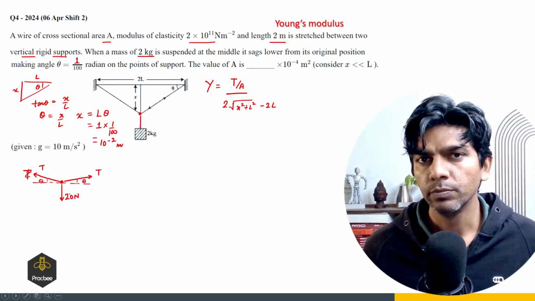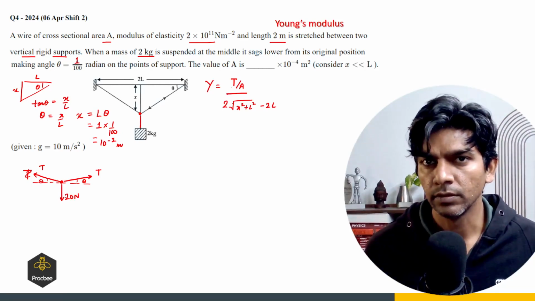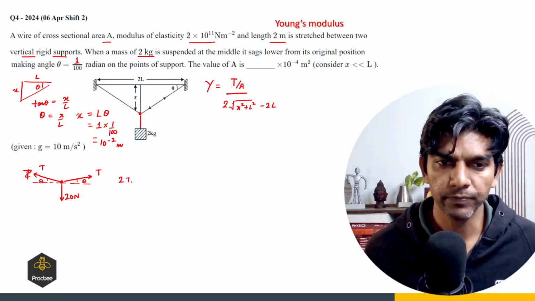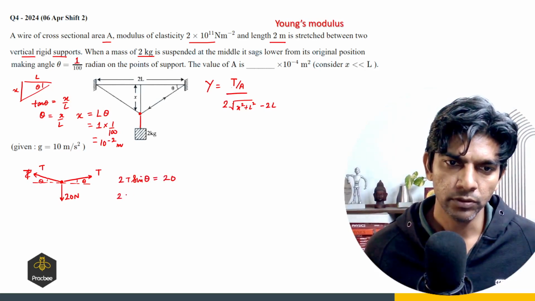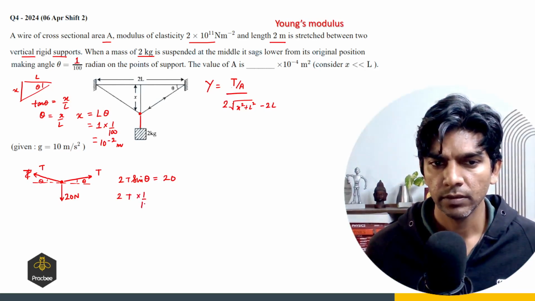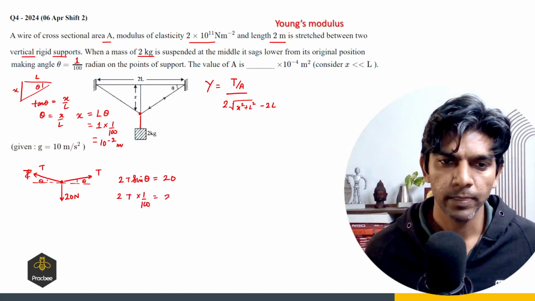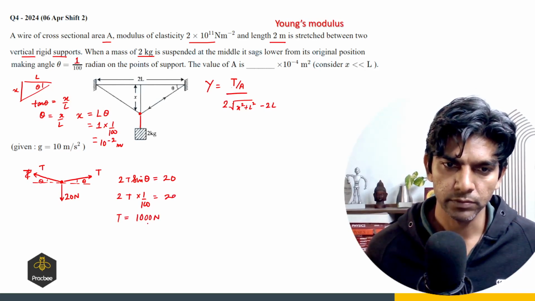The horizontal components of the tension will get cancelled out, so the vertical components will balance the 20 Newton. So 2T sine theta is equal to 20, and sine theta can be written as theta, which is 1 by 100, because theta is very small. From this, the tension comes out to be 1000 Newton. So we got the tension.